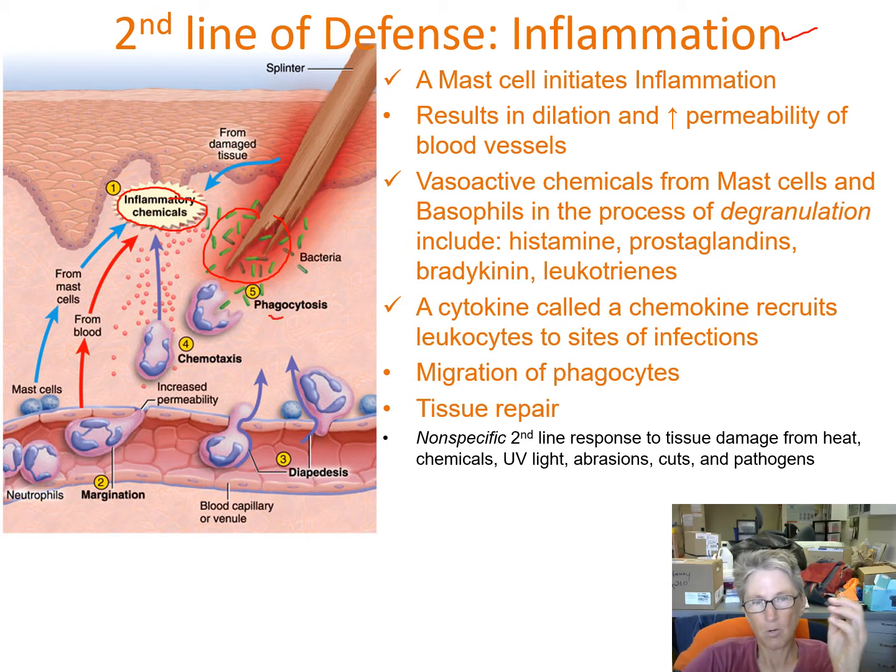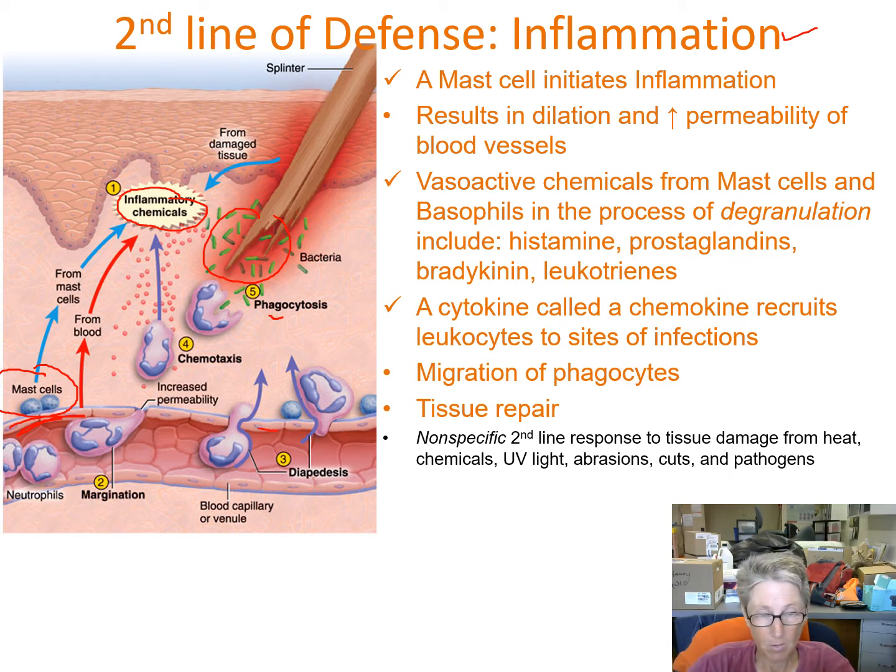But in this cartoon, we're going to talk about how this cell right here, called a mast cell, sitting just inside the wall of the blood vessel. A mast cell can initiate inflammation by releasing inflammatory chemicals, and inflammation results in dilation and increased permeability of blood vessels.